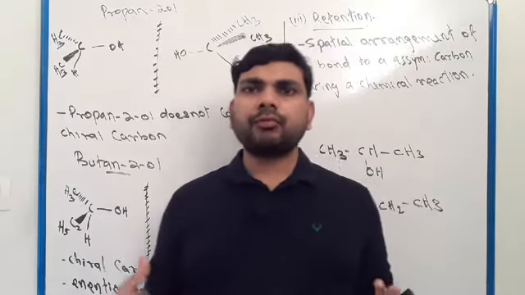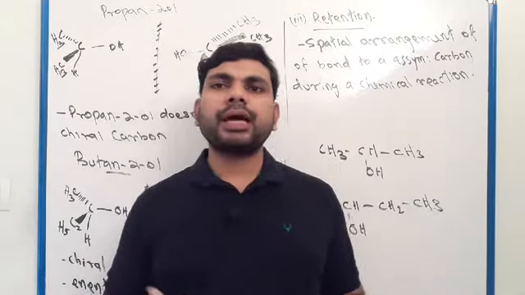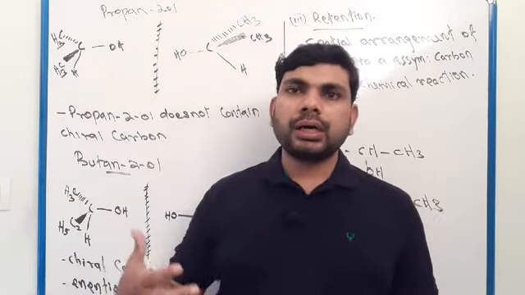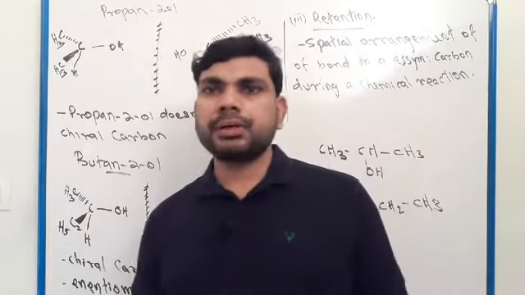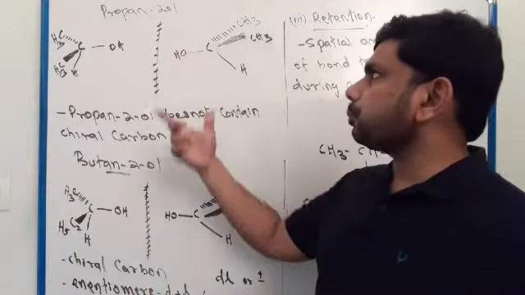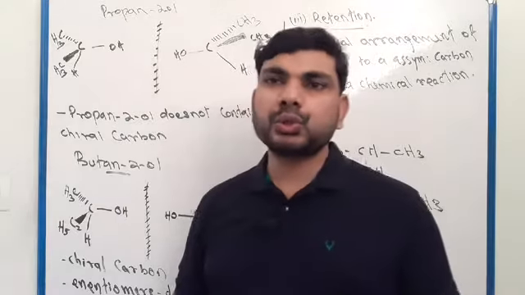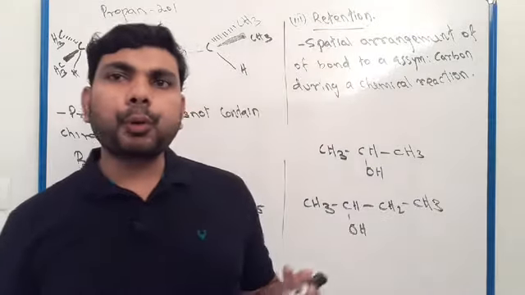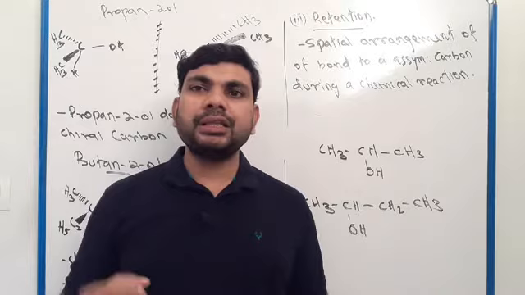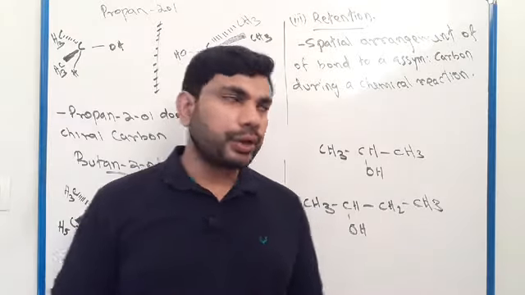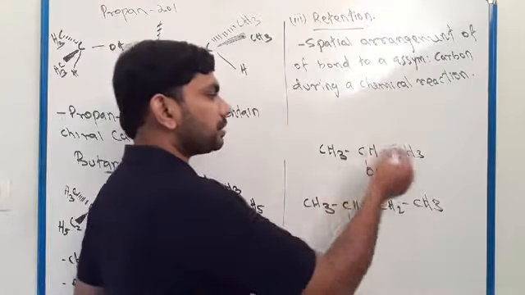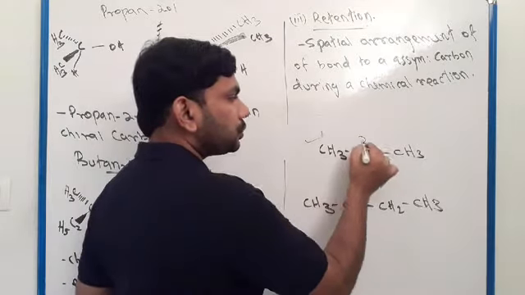So we can take some organic compounds and explain this asymmetric and symmetric carbon. See here, propan-2-ol and butan-2-ol. We know propan-2-ol means 3 carbon atoms and OH. 1, 2, 3.